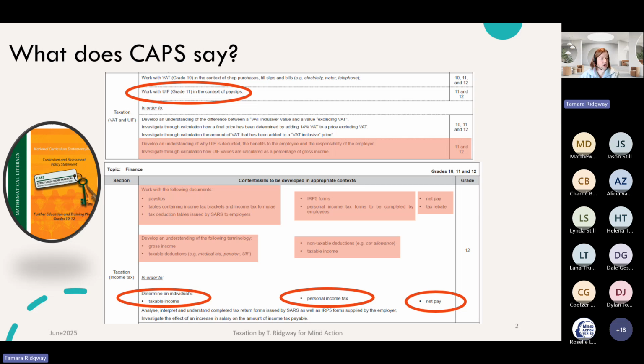So the CAPS and what it has to say about tax. Firstly, I'm just getting it slightly bigger. The first thing it says at the top is that in grade 11 already you can be working with UIF. I would certainly recommend that because this has become a much bigger section over the years, and there are so many intricate parts to it that our students are finding it very overwhelming, understandably.